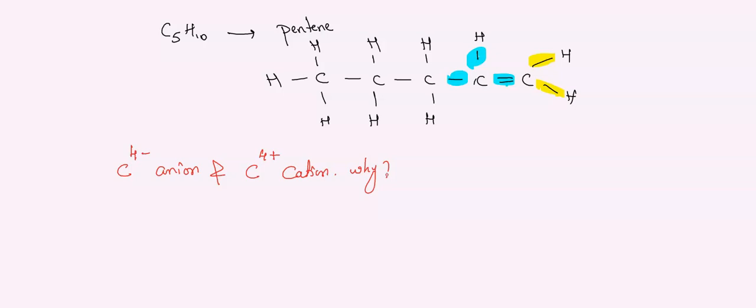Point number 1, carbon can gain 4 electrons, correct?